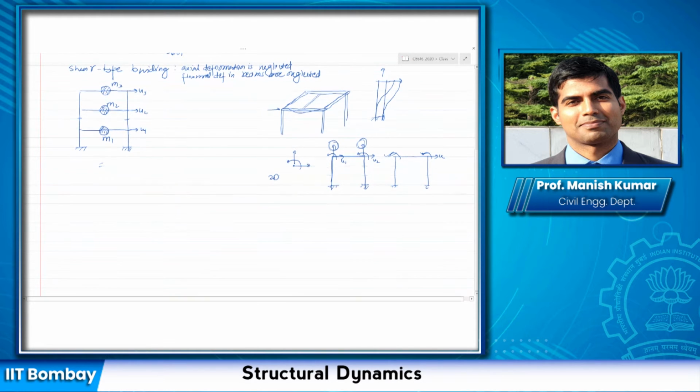Now, like a single degree of freedom system, in this case as well we also define damping. Like we had done for a single degree of freedom system, here also we define a damper like this at each level.